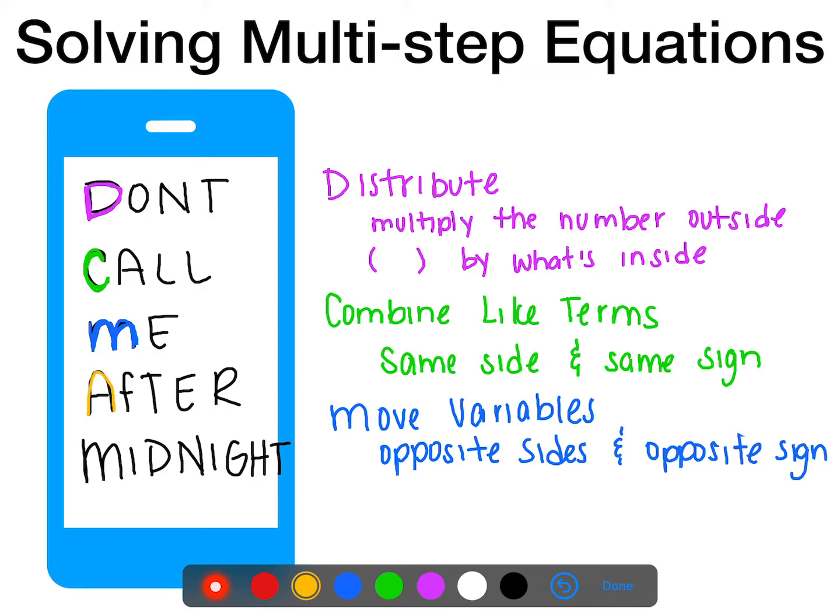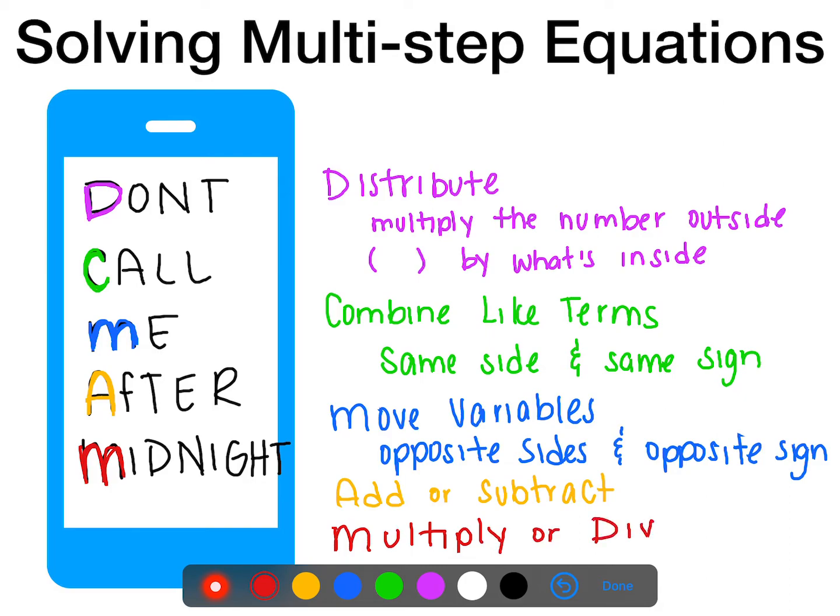Then my A, the after, stands for add and subtract. And the M, last but not least, multiply or divide. And this checklist will get you through any crazy equation we possibly could throw at you.